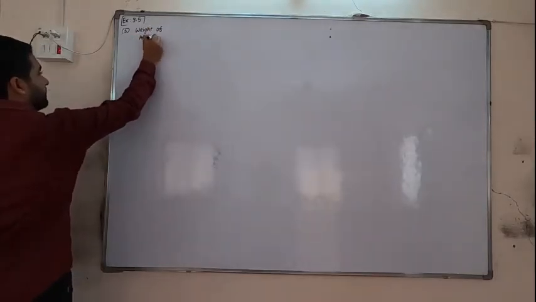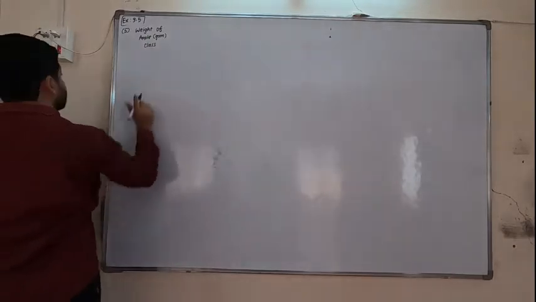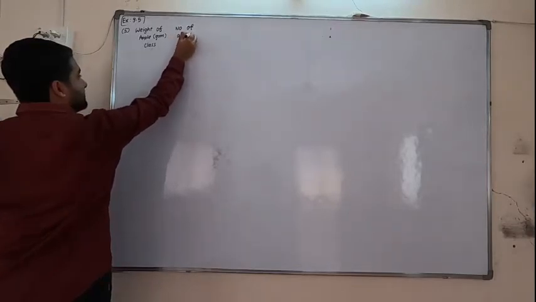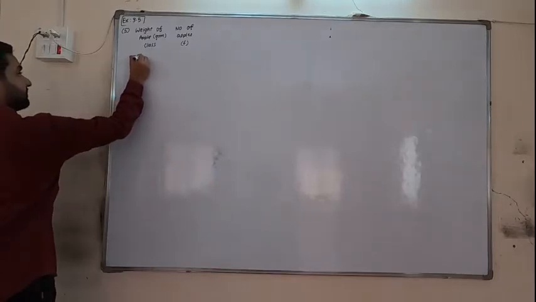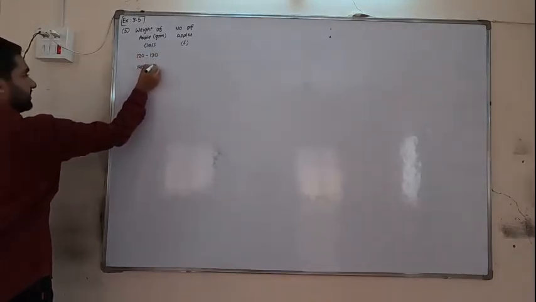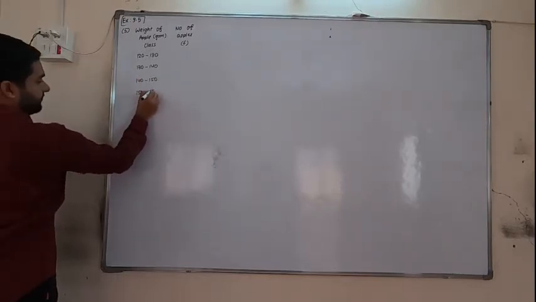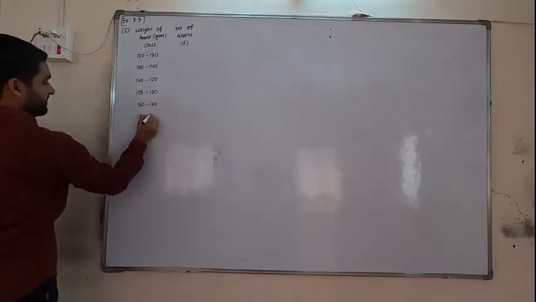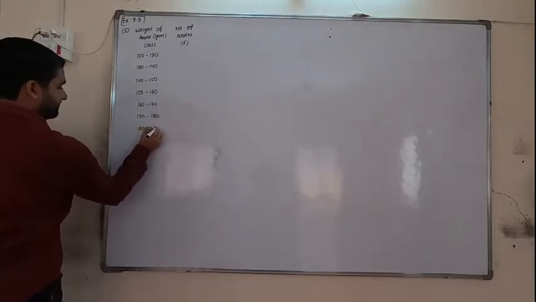Weight of apple in grams, that is the class. Number of apples, that is the frequency, and no other column is required. The classes are 120 to 130, 130 to 140, 140 to 150, 150 to 160, 160 to 170, 170 to 180, 180 to 190.